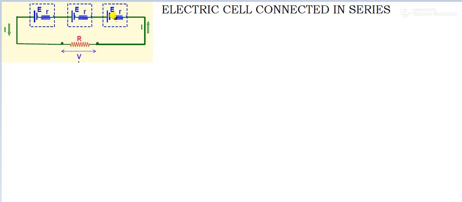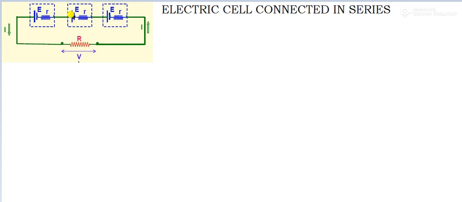In series combination, when we did the derivation of series combination of resistance, we wrote that V is equal to V1 plus V2 plus V3. So because every cell has its own EMF, and in series combination the net EMF would be added up.